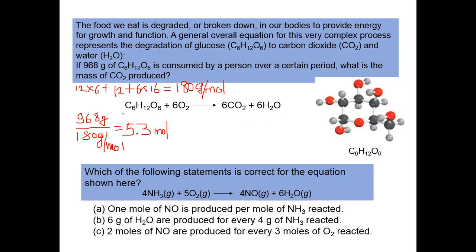Okay, so according to the equation over here, this is the equation which makes this reaction happen. We know the reaction goes this way, which tells us that 1 mole of glucose produces 6 moles of carbon dioxide.